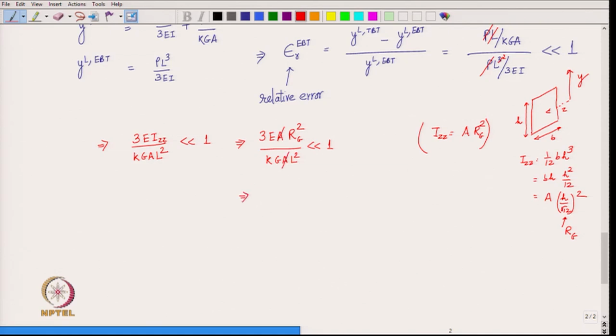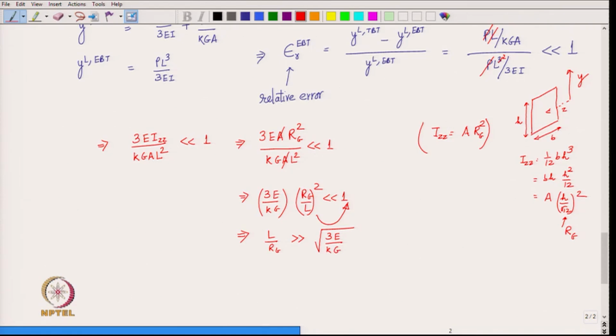This also implies that (3E/kG) times (R_g/L)² is much less than 1, which finally implies, if you bring this to the other side, that L/R_g is much greater than the square root of 3E/kG.